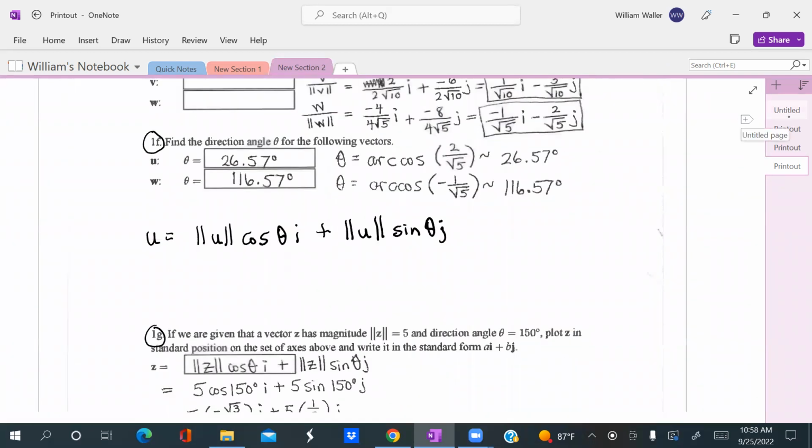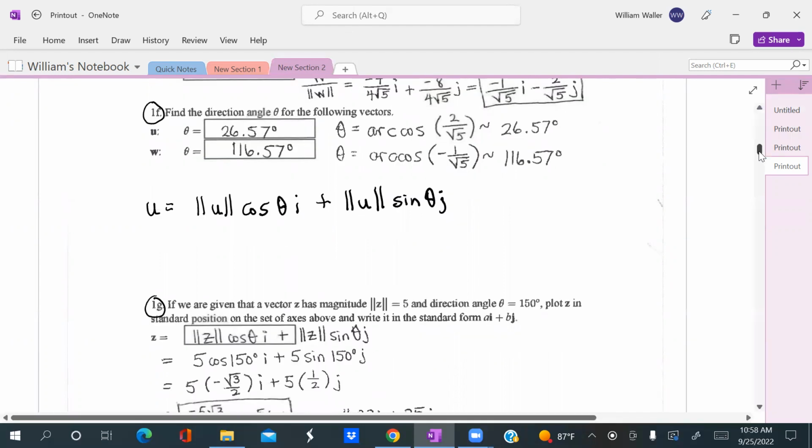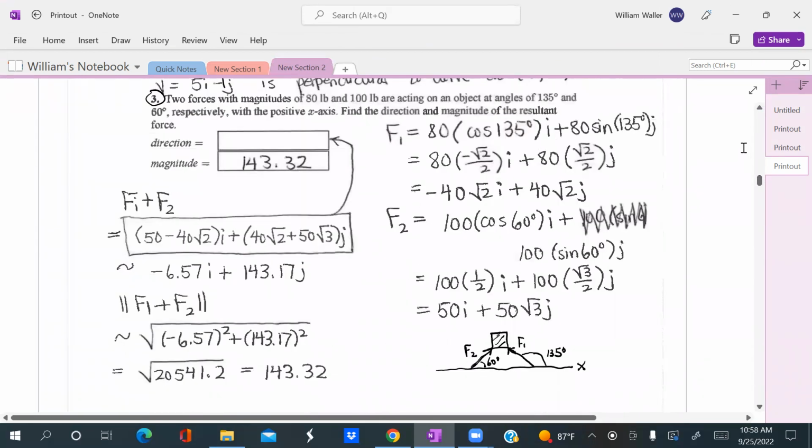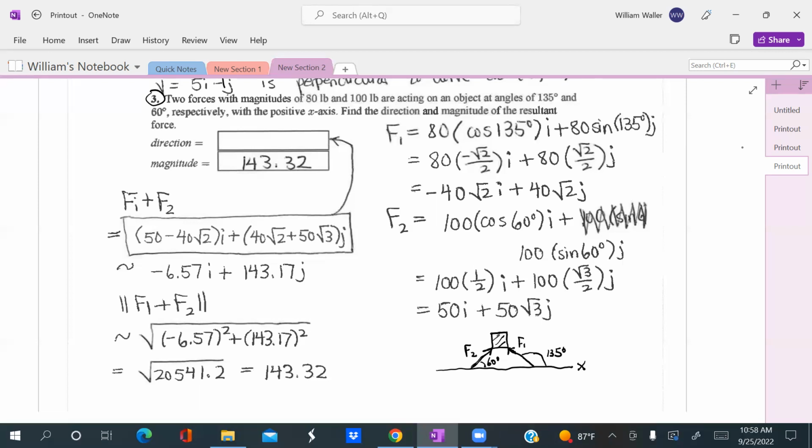You can write a vector as its magnitude times the cosine of its direction angle times i, plus its magnitude times the sine of its direction angle times j. So that's how we're going to construct these two force vectors in this particular situation. So for this first force vector, it's just its magnitude, which is 80. That's the amount of the force.